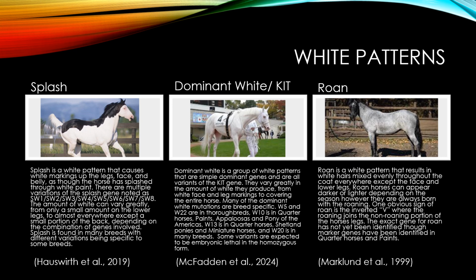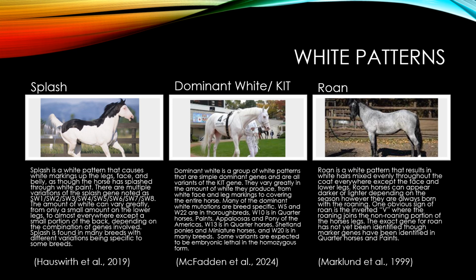But other breeds with dominant white are Quarter Horse, Paint, Appaloosa, Pony of the Americas, Shetland, miniature, and pretty much every other breed. Some variations of dominant white are expected to be lethal as an embryo if they get 2 copies, because we've not actually found any to be genetically tested to have 2 copies of that same dominant white.